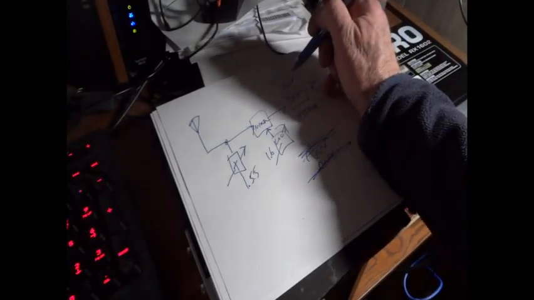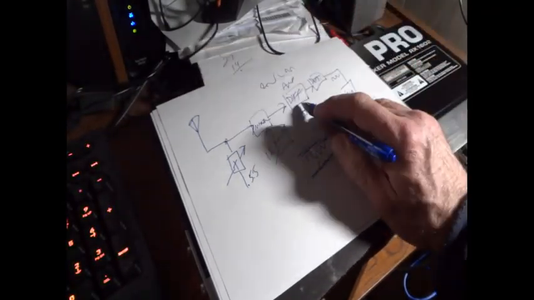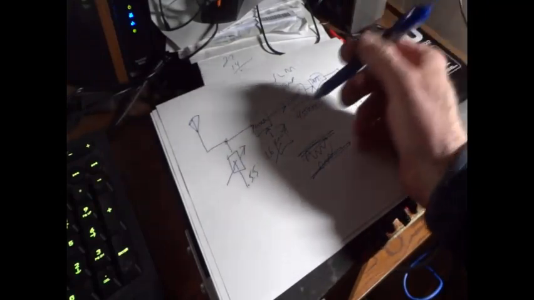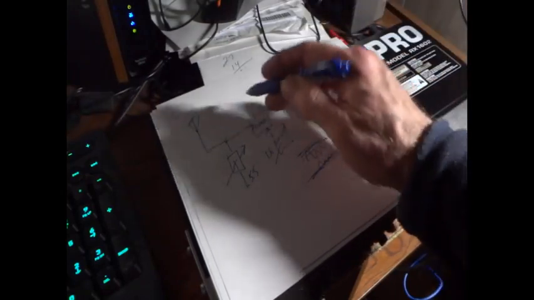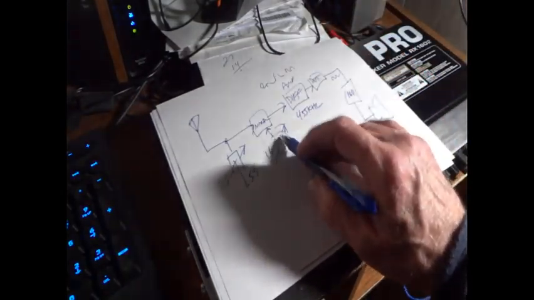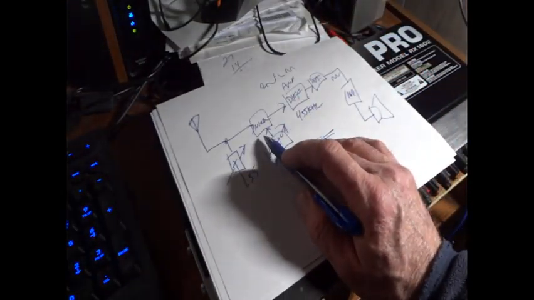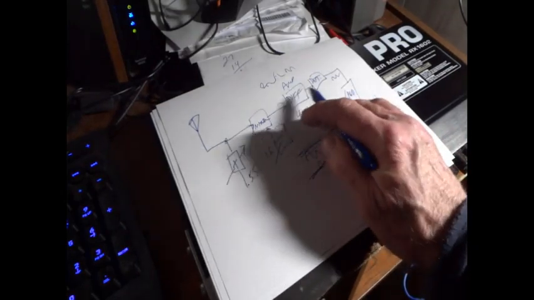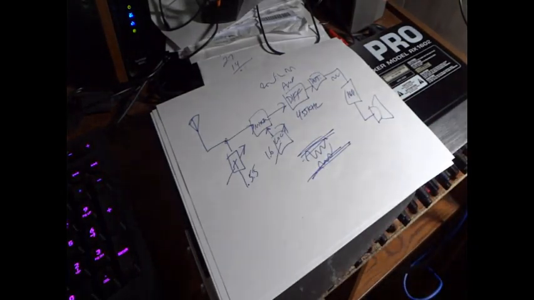Other frequencies are going to mix and be present, but the tuning of the IF amp will not allow them to pass. It will only pass that one frequency that matches the difference between the local oscillator and the incoming signal. So all other frequencies will be technically rejected.